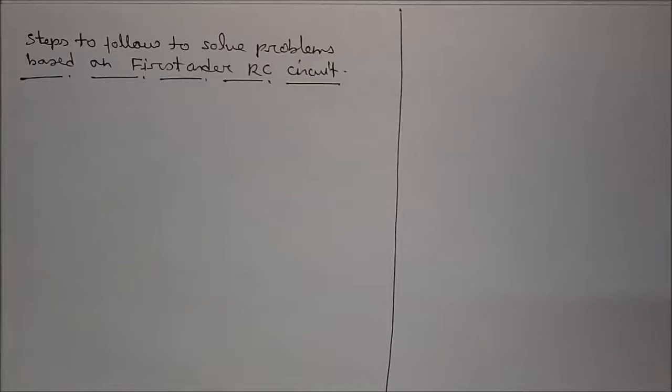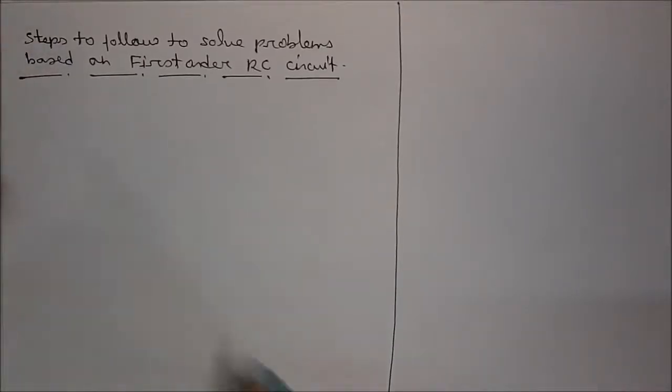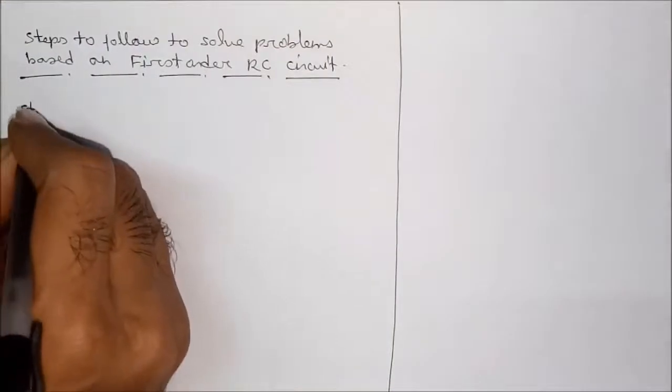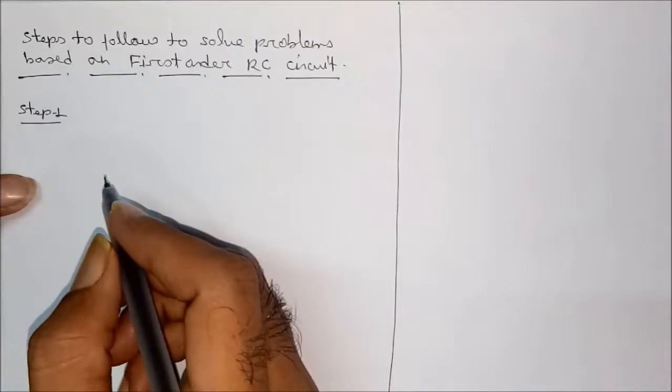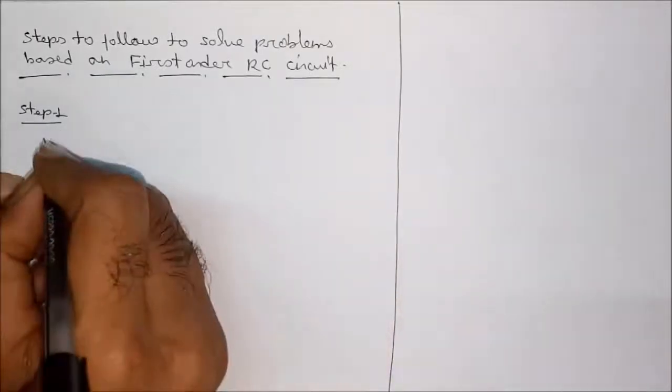In the basic sessions, I have told you that the best approach is nodal analysis. Similarly for RC circuits, this is the best approach you can try if the order of the circuit is only one. So step one is to write down the general expression we have developed right now.